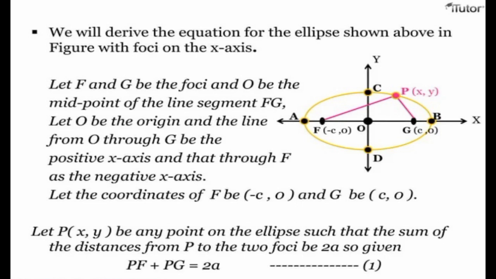Let O be the origin, with the line from O through G as the positive x-axis and through F as the negative x-axis. Let the coordinates of F be (negative c, 0) and G be (positive c, 0). Let P(x, y) be any point on the ellipse such that the sum of the distances from P to the two foci is 2a, so PF plus PG is equal to 2a.